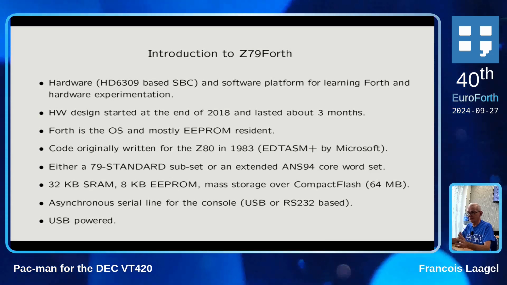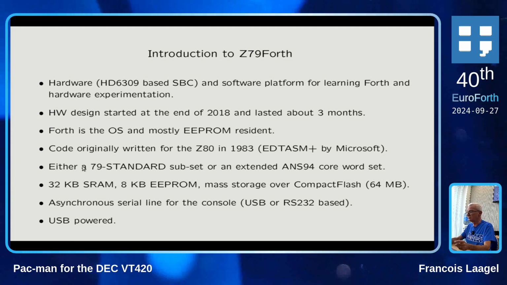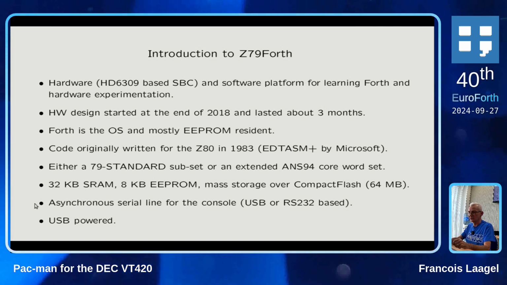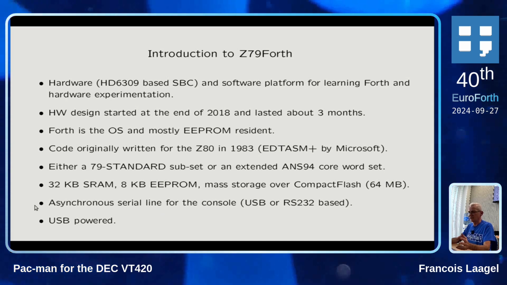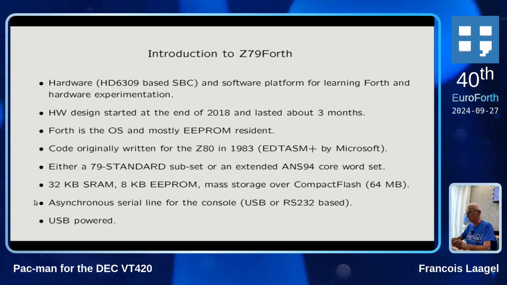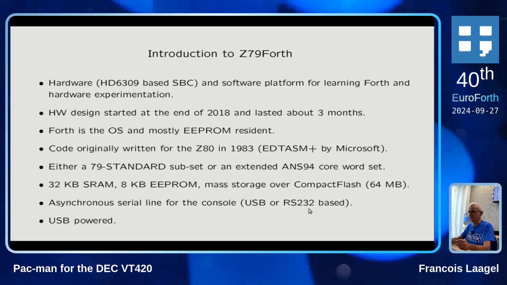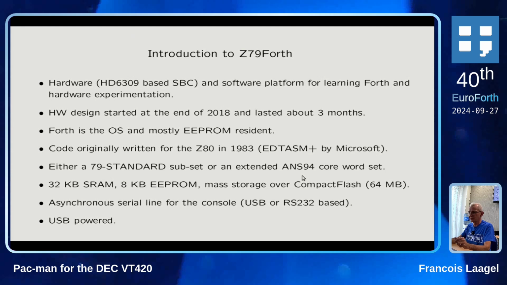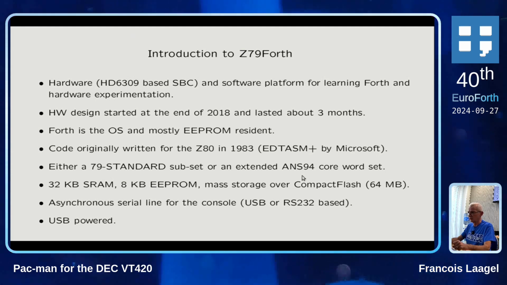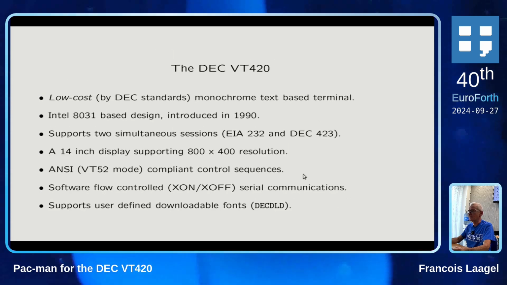The platform has 32 kilobytes of RAM, 8 kilobytes of EEPROM, and plenty of mass storage. The console is implemented over an asynchronous serial line, which can be either USB or RS-232. The whole contraption is USB powered, and Paul has one. If you're interested, he can show it to you.